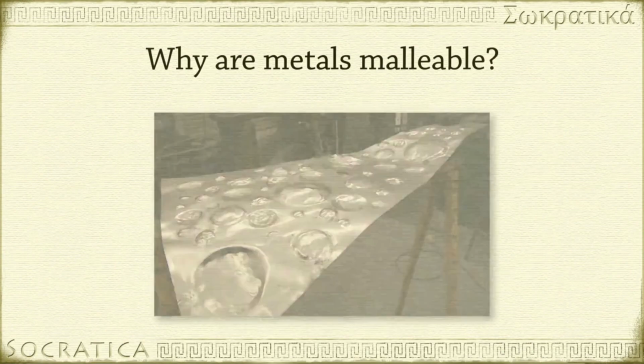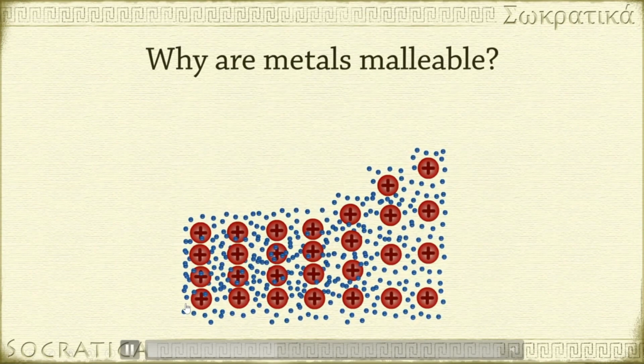So if I use a metal and I hammer it, even though they will still slide, you notice what is in between the cations? The ones in between the cations are my delocalized electrons. These delocalized electrons still have strong electrostatic forces of attraction.